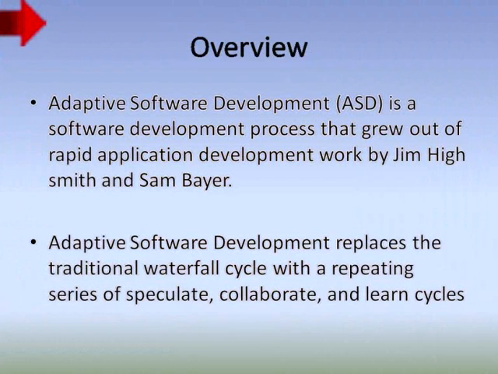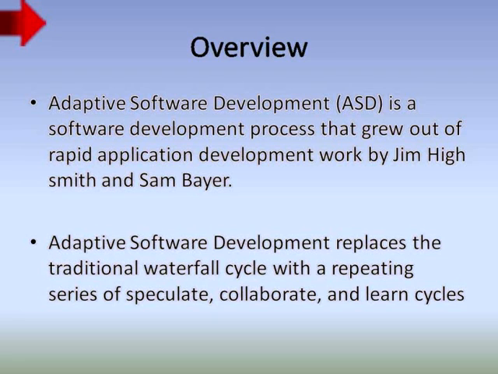Adaptive software development is a software development process that grew out of rapid application development work by Jim Highsmith and Sam Bayer. It uses the principle of continuous adaptation of the process to the work at hand, the normal state of affairs. Adaptive software development replaces the traditional waterfall cycle with a repeating series of speculate, collaborate, and learn cycles.